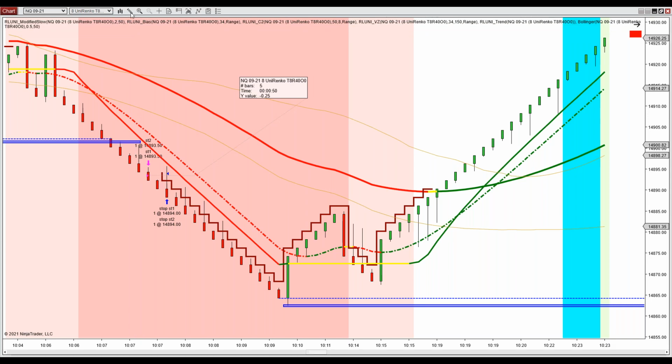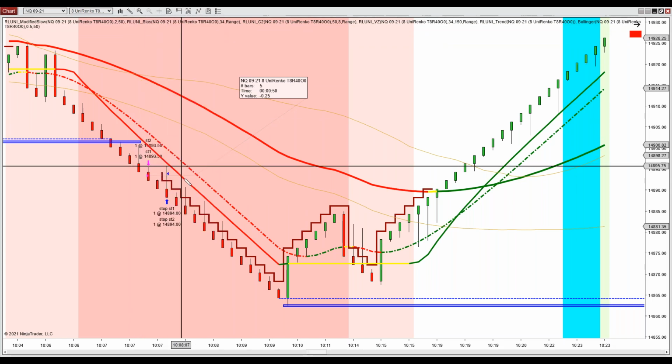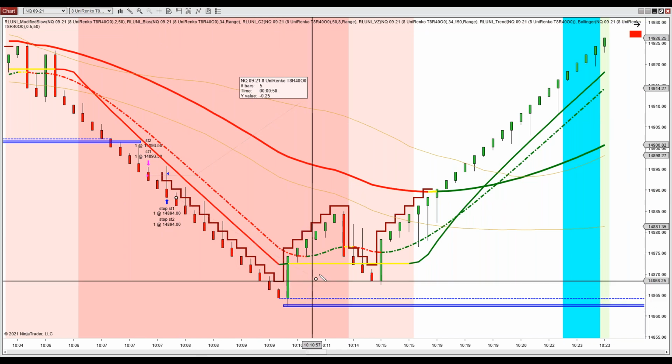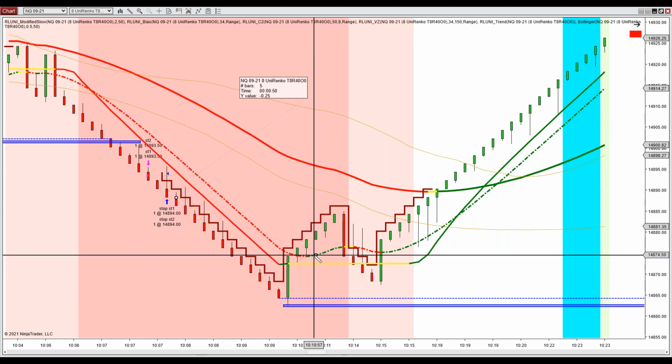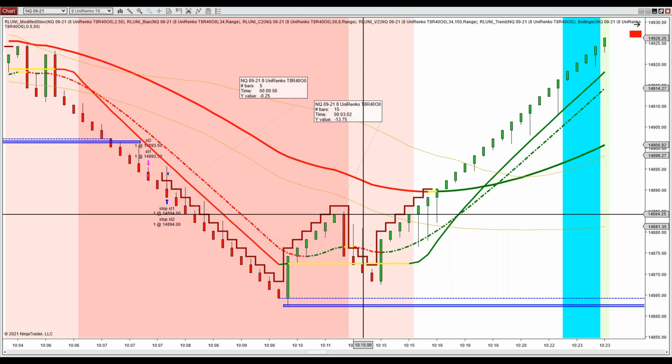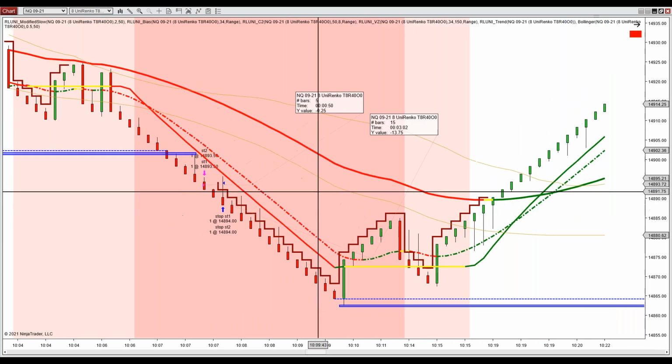So this would have evolved into a very, very nice winner, right to here, where this 15 turns green. It would have been a 13 and 3/4 point trade on the NASDAQ, which is not half bad.